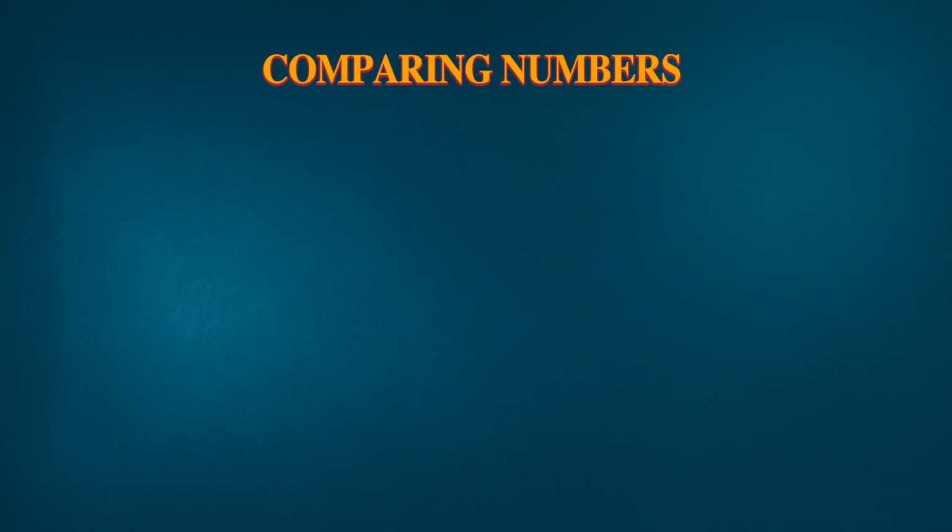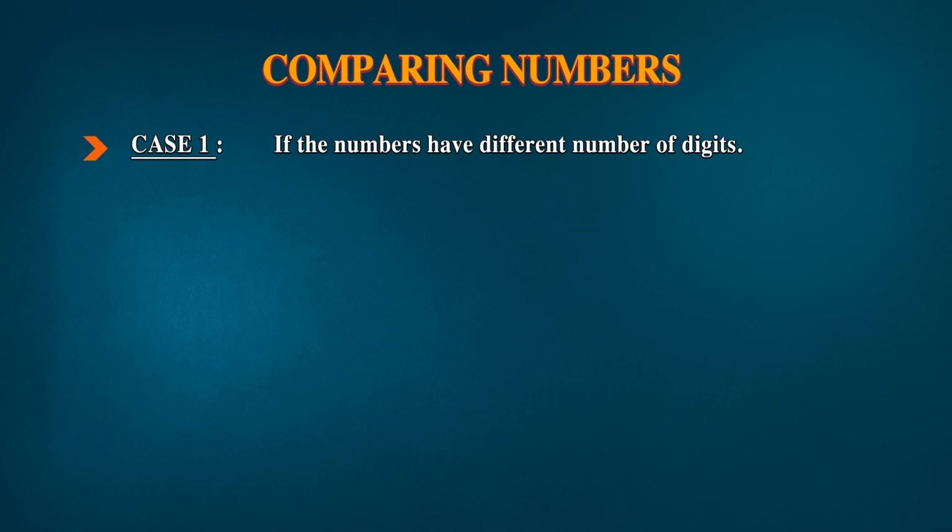Now, when we want to compare two numbers, two cases may arise. Case 1. If the numbers have different number of digits, means we have to compare two numbers which have different number of digits. For example, one number may be a 5-digit number and the other may be a 6-digit number. In other words, one number has 5 digits in it and the other has 6 digits in it.